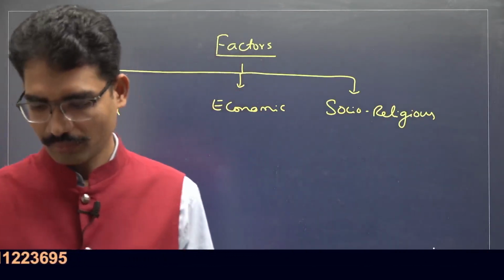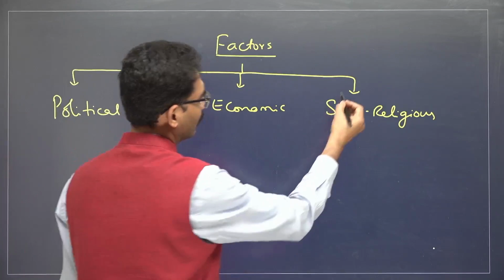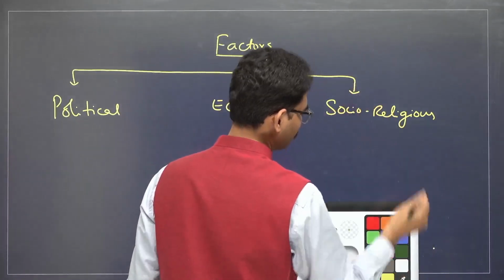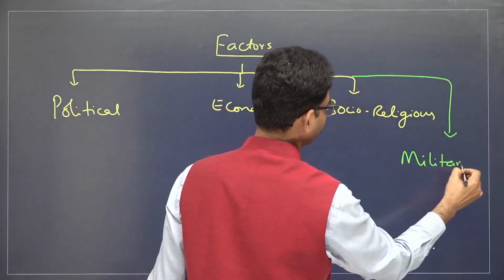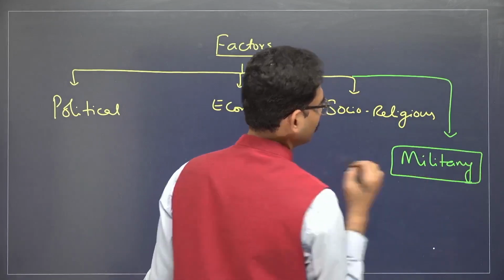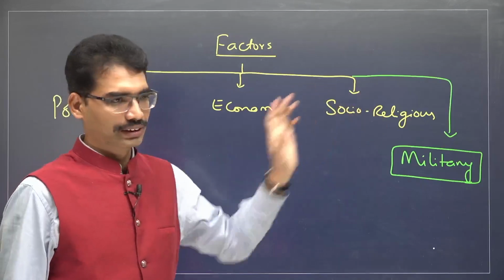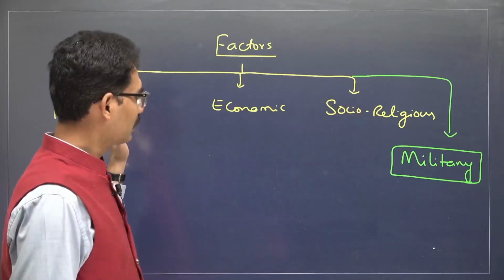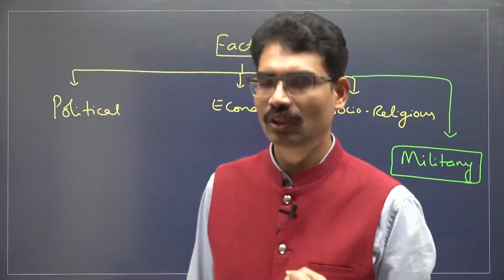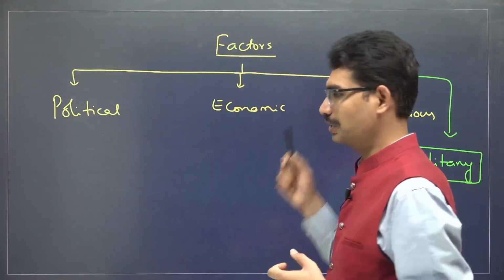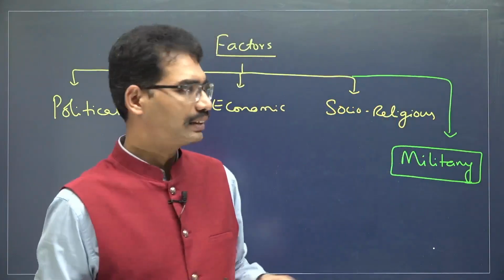The immediate cause was triggered by a military cause. Political, economic, socio religious. Deeply, the issues that influenced the mindset of people were rooted in these dimensions. But the immediate trigger for the 1857 revolt lies in a military cause.